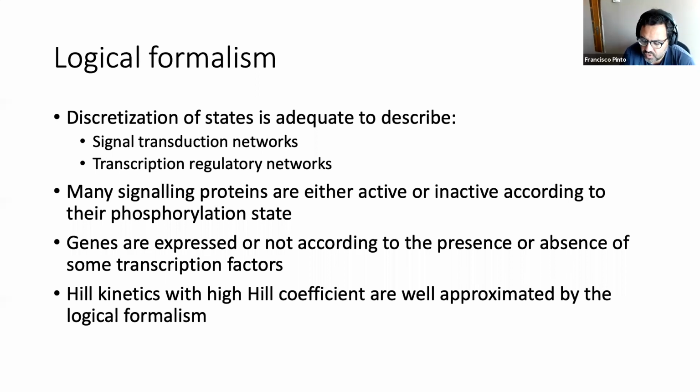And if we have a step function, the gene expression is either on or off. So these dynamics are more likely to be well approximated by the logical formalism. So these are the two main types of biological systems that are modeled by this logical approach.